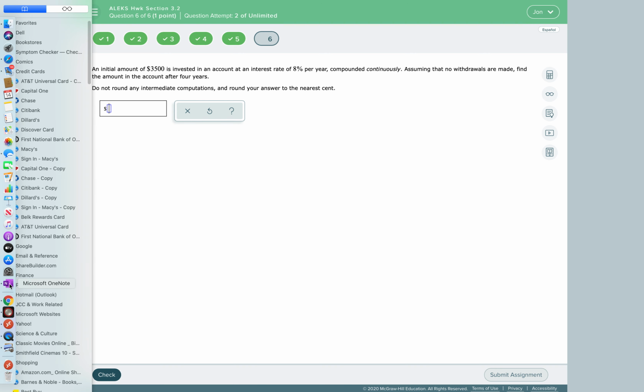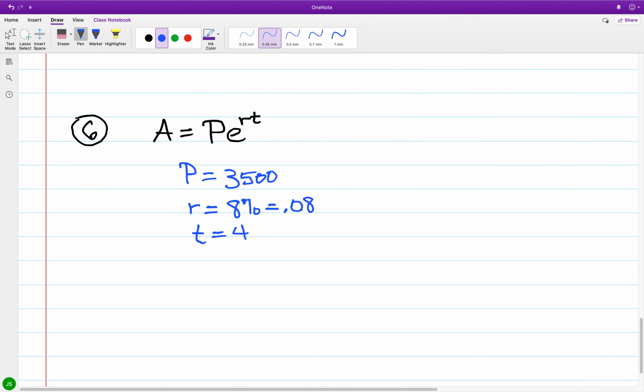So with continuous compounding, we have A is equal to P times E raised to the R times T degree.